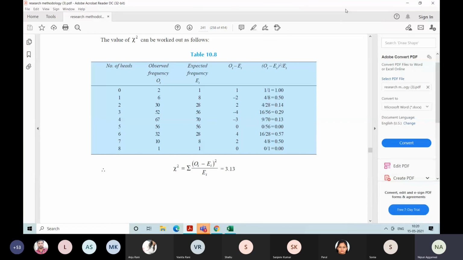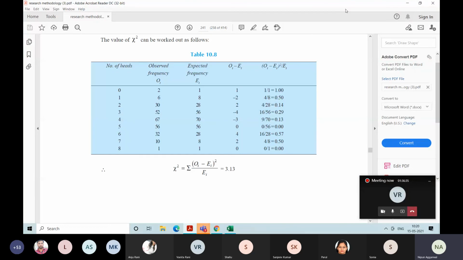So the condition of the chi-square is that the data must be in the form of frequencies only. Fine enough. Any doubt in the chi-square test that we have discussed today? Any doubts?